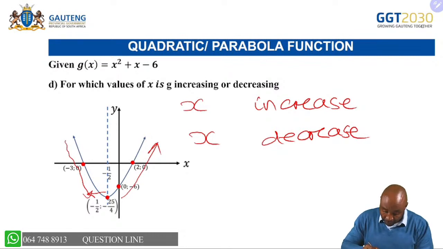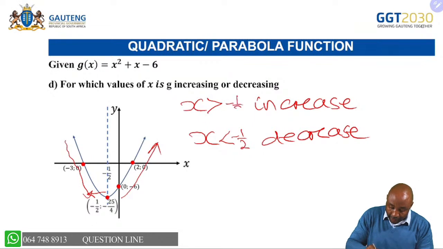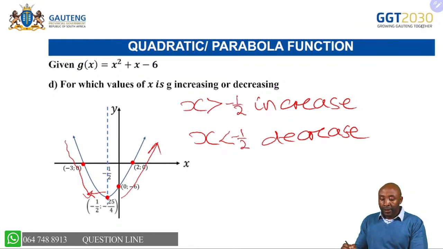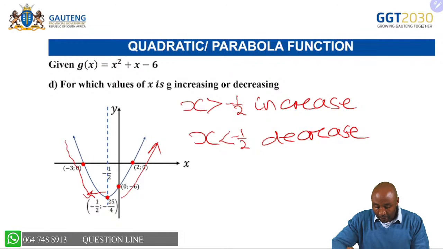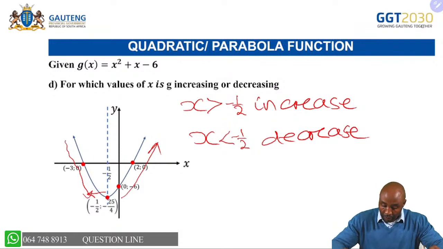And we are able to say it will decrease for x less than negative half, and it will increase for x greater than negative half. Now, we know that this sign sometimes confuses some of us. It always opens up to the bigger one and it always points to the smaller one. So we are able to get our solution there.